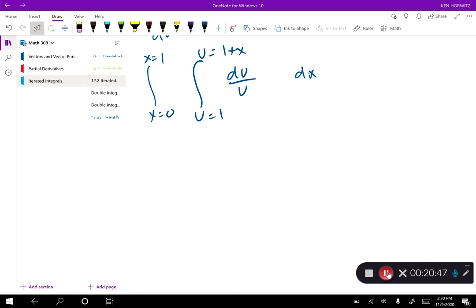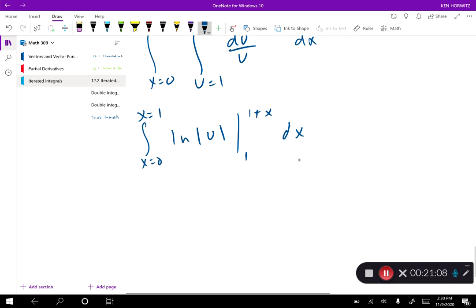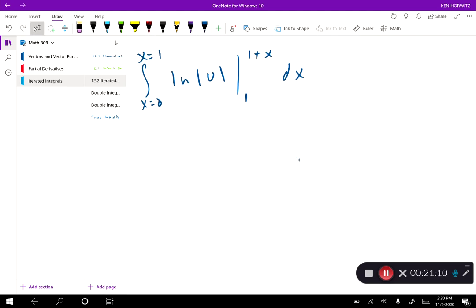All right, so I'm going to rewrite x equals 0, x equals 1. Got to keep this stuff coming down. If I integrate du over u, I get natural log of u between 1 and 1 plus x with a dx out here. Now I need to plug in my limits.